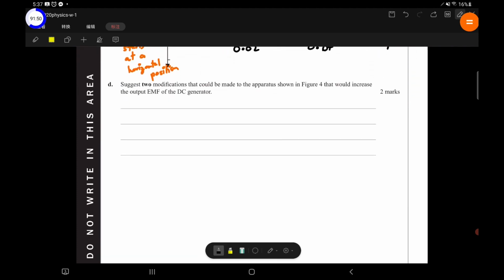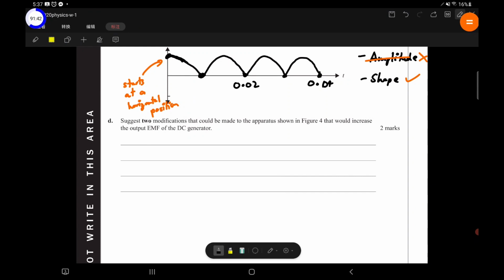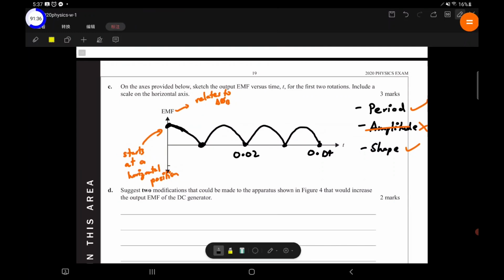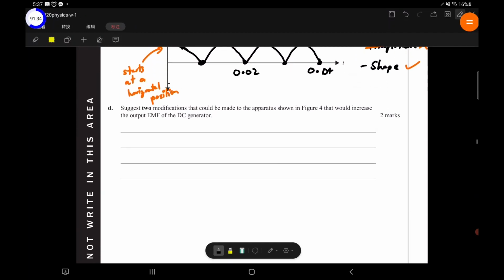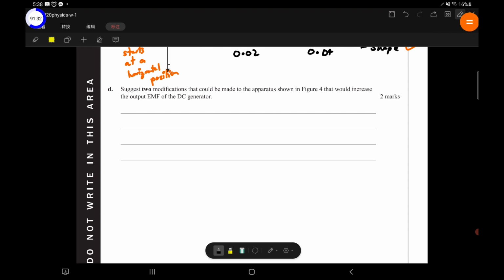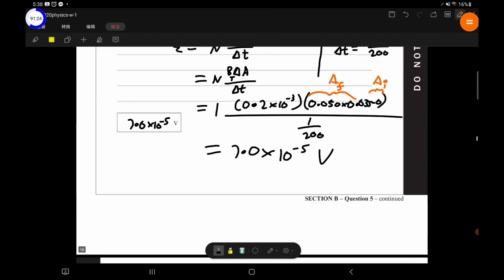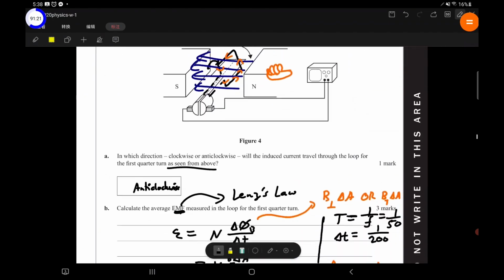Now, part D, we have to suggest 2 modifications that could be made to our apparatus as shown in figure 4, that will increase the output EMF of the DC generator. Okay, so we have a DC generator.